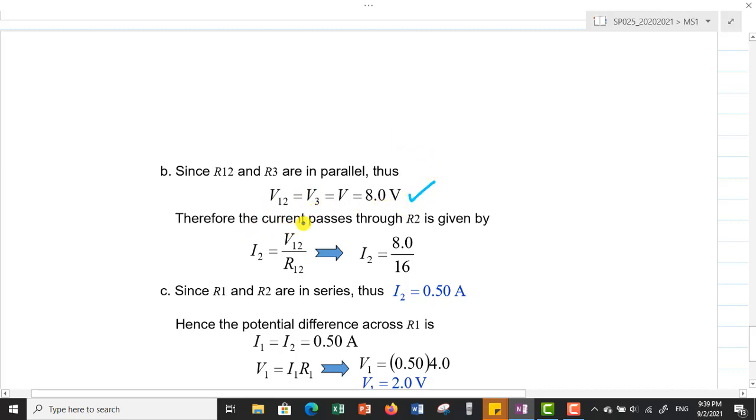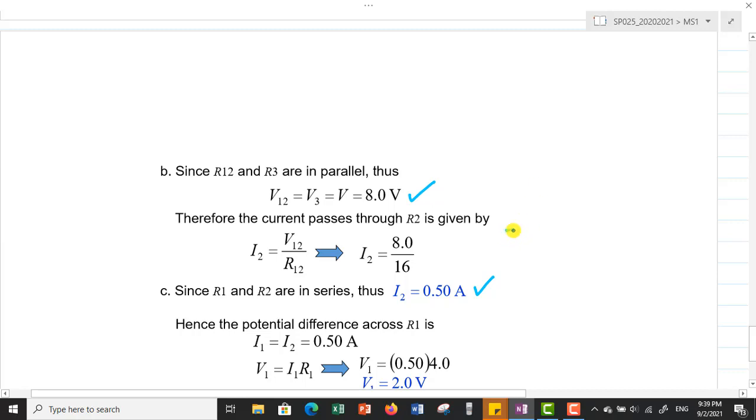So from this, I can calculate the current. The current that passes through R2, I2, will be V12 over R12. The voltage across the combination of resistors 1 and 2 is 8 volt, and the resistance of the combination of 1 and 2 is 16. So I get the current as 0.5 ampere.